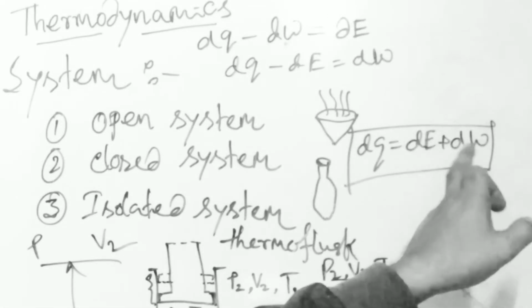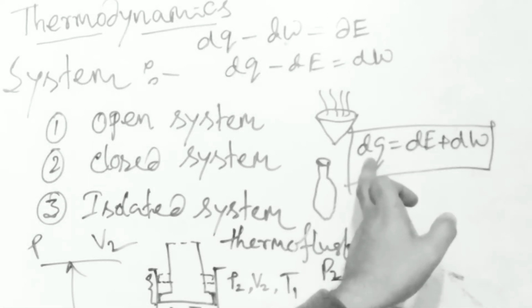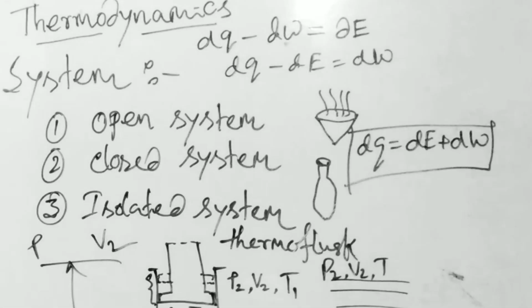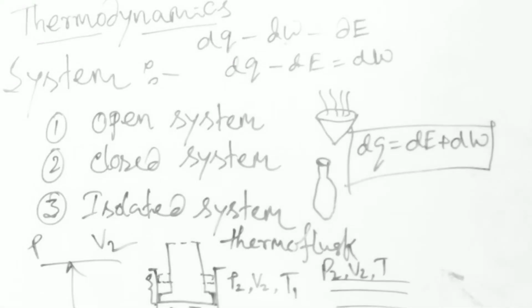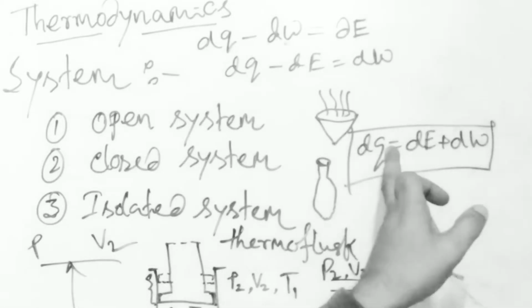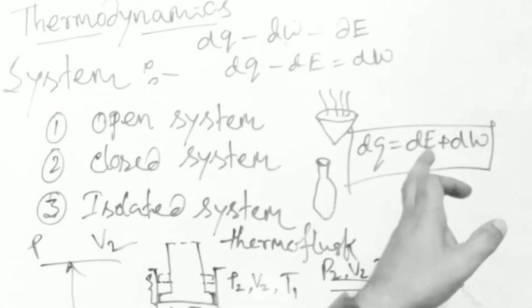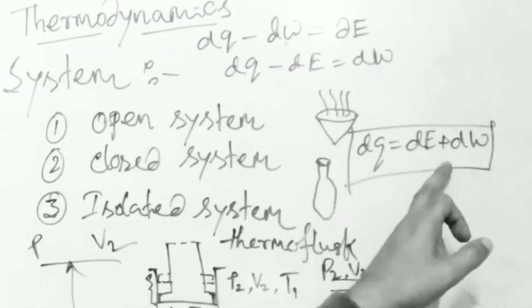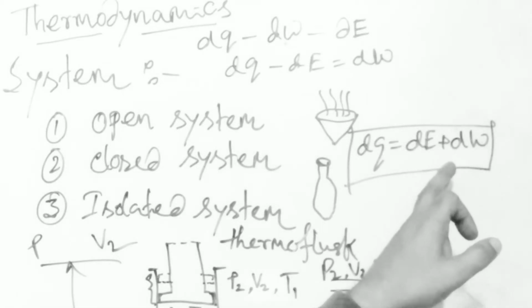So this is the energy given to a system, and this is how the system used up that amount of energy. So we can say energy can neither be created nor be destroyed. If some amount of energy disappeared, then the equivalent amount of energy must appear.